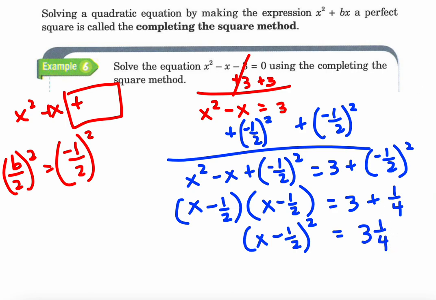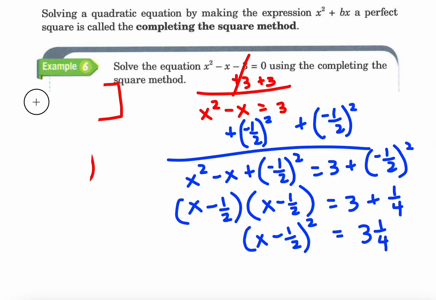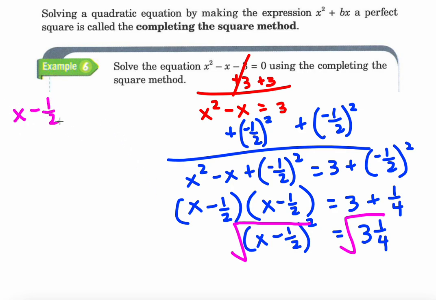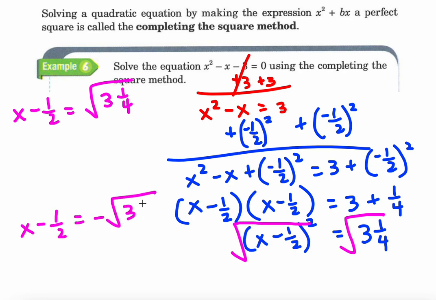Okay, now that I'm here, I am one step closer to figuring out my answer for x, because I have two binomials. And I have x minus 1/2 squared. So in order to get rid of that square, I can now square root it, because that's the opposite. I need to do that to both sides. And now I'm left with x minus a half equals the square root of 3 1/4. But remember, the square root of 3 1/4 can be positive or negative. So I had to set up the possibility that it could be a negative answer.